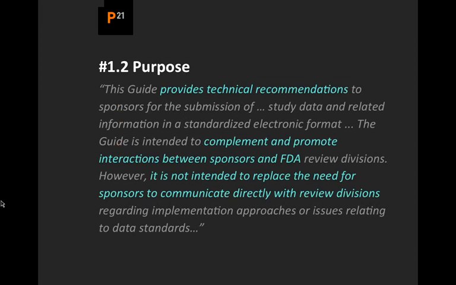So this presentation is a quick overview of the FDA Study Data Technical Conformance Guide with a focus on details which are important or new since the draft release of this document almost a year ago. We'll also give you some examples of common issues we observed in submission data. FDA defines the purpose of this guide as to provide technical recommendations to the sponsor.